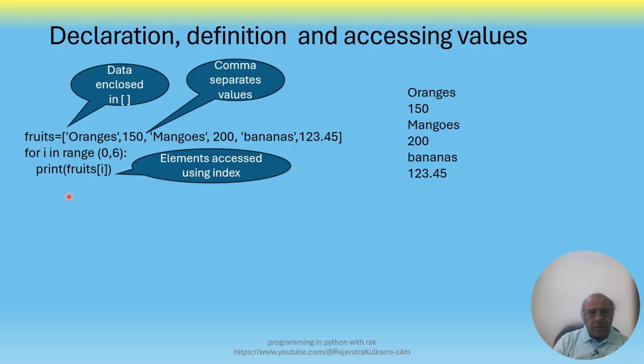So we have accessed using a for loop all the values that have been assigned to fruits.